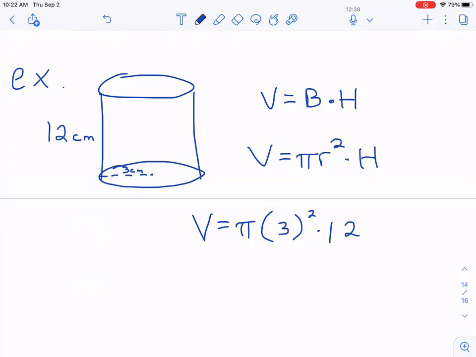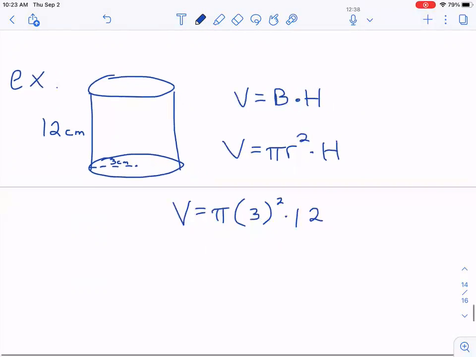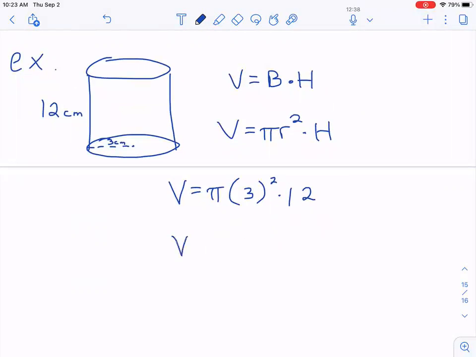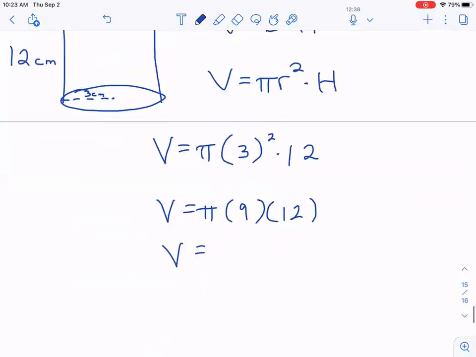So this is why we started with the order of operations, because now we have to remember we do the 3 squared first, which is 9. So the volume is going to be pi times 9 times 12. And 9 times 12 is 108. So I'd say the volume is 108 pi.